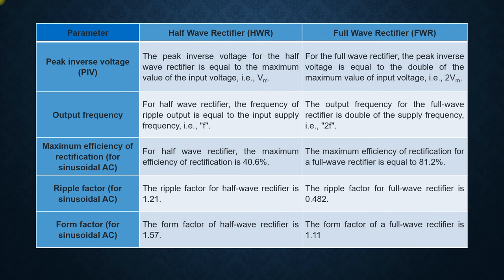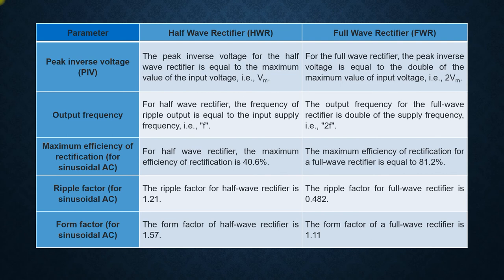But in a full wave rectifier, the positive half cycle comes as positive, and the negative half cycle also comes out as positive. So the frequency is doubled: for one cycle of input we get two pulses, so the frequency becomes 2f.